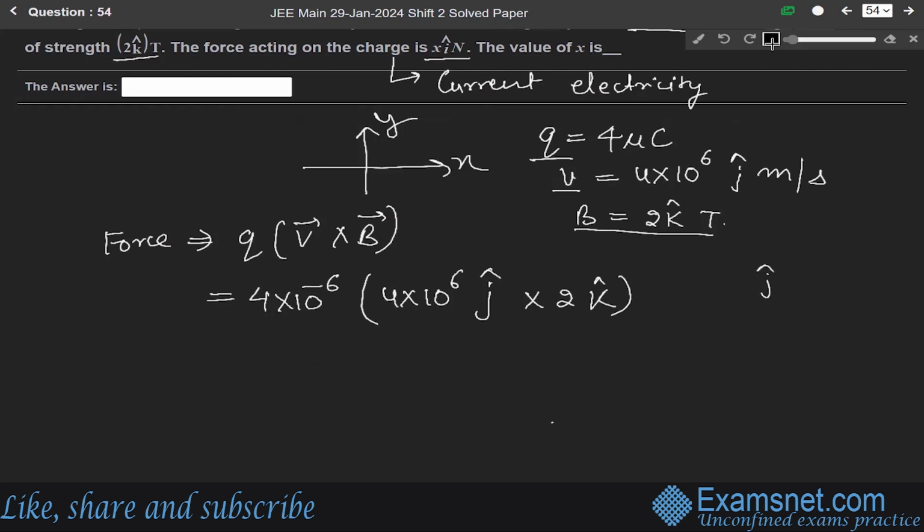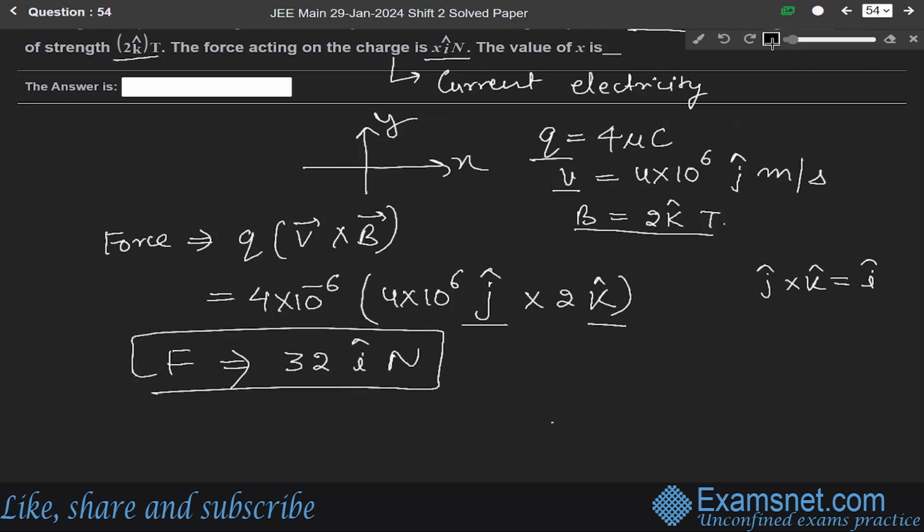And j cap cross k cap is i cap. So it will be 4 into 4, 16, into 2, 32. Minus 6 plus 6 cancels out. So the force is 32 i cap newton. So the value of x is 32.